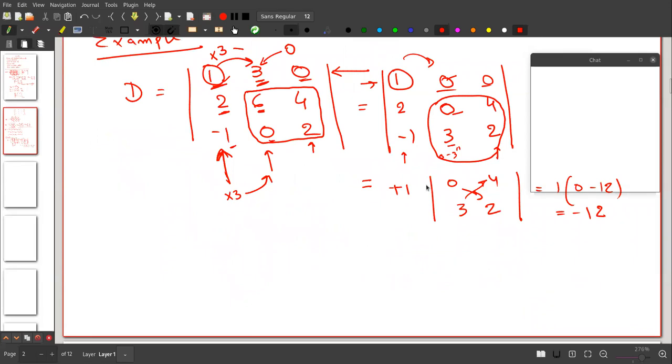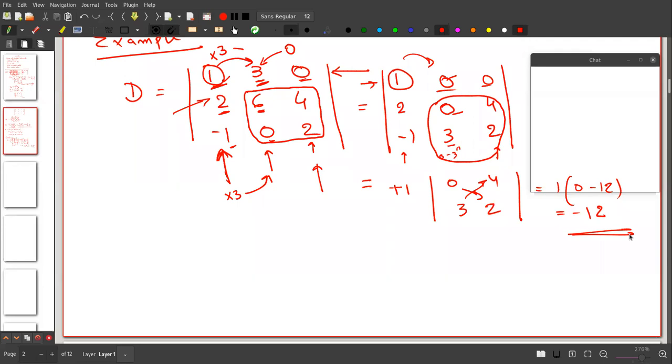So this way you always try to do some row or column operation, so that the calculation itself becomes simpler. You can take without any operation. You can take, say you are taking this row, or say you are taking this column. If you want to calculate, you can calculate and you will get the same determinant. Okay.